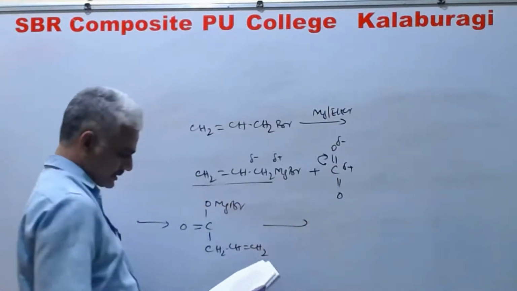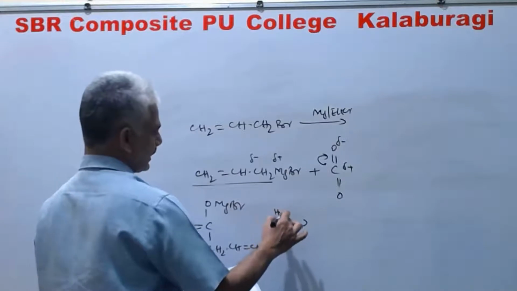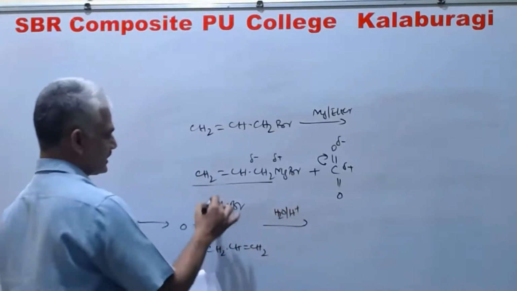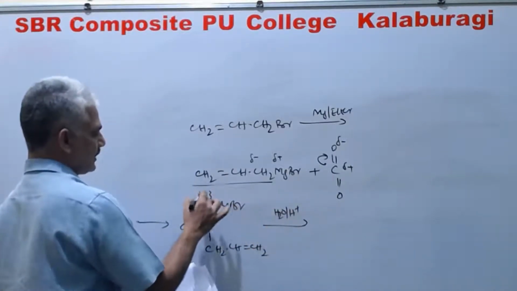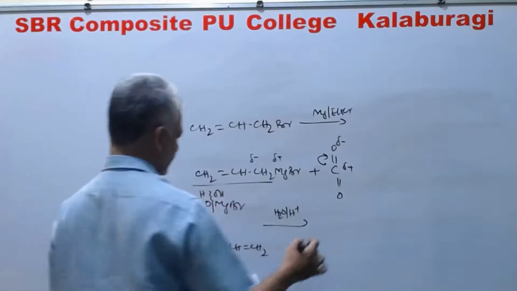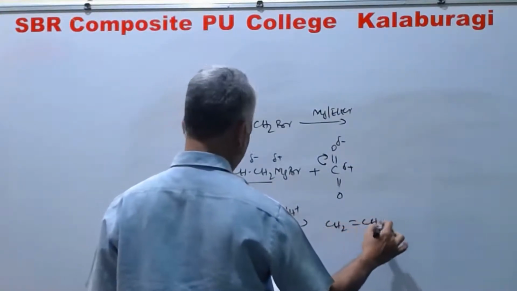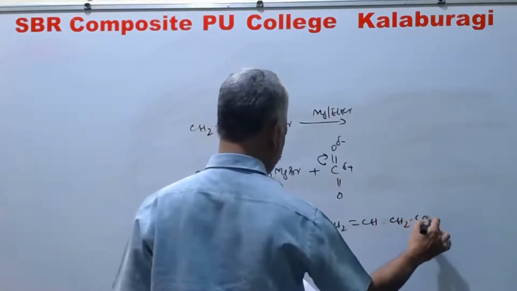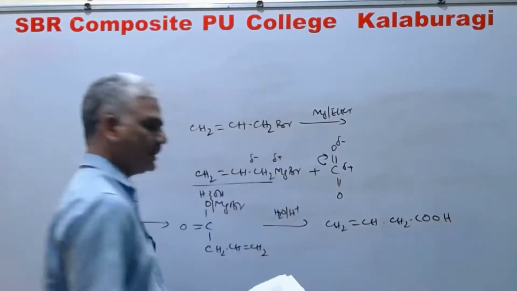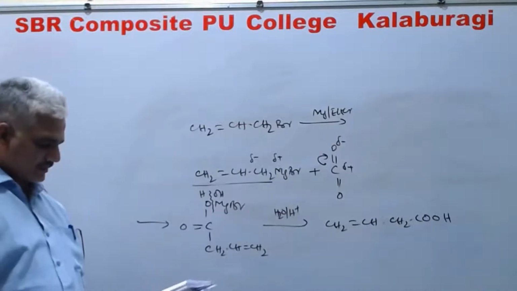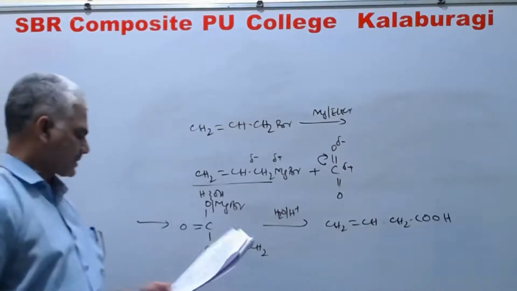Then when it is subjected to hydrolysis in the presence of acid, it will break down and we get CH2=CH-CH2COOH as the final product. So you can go with the first option.